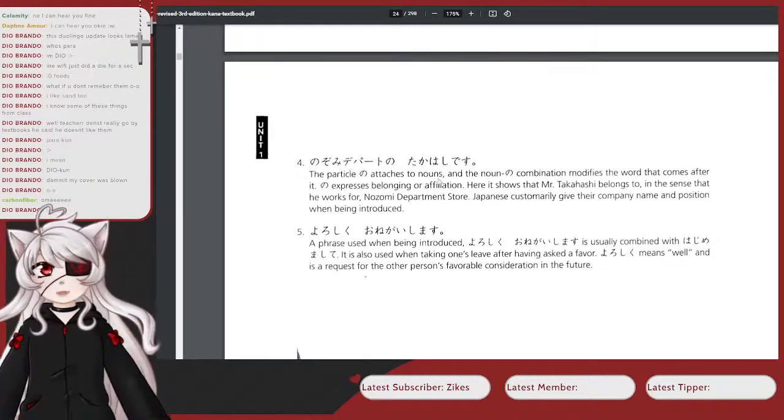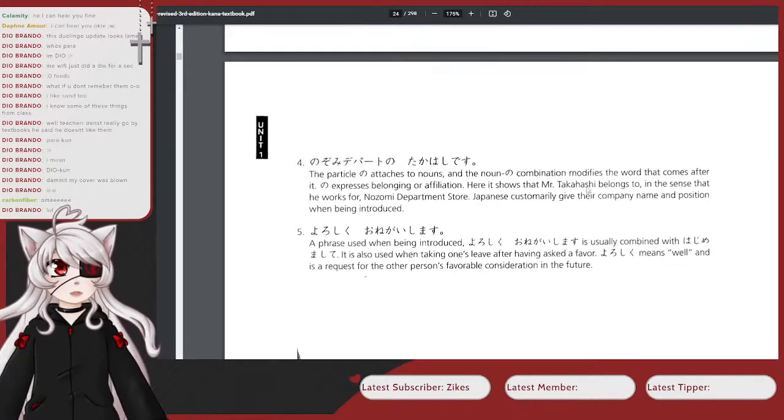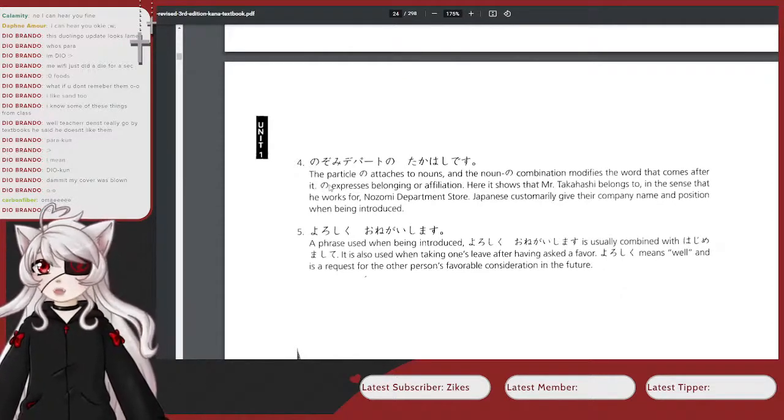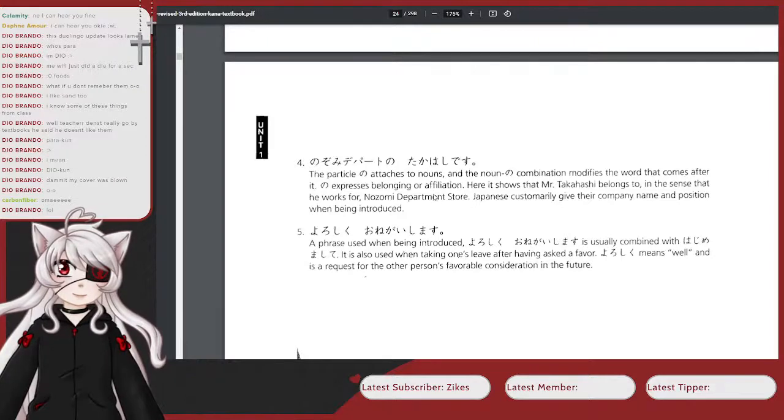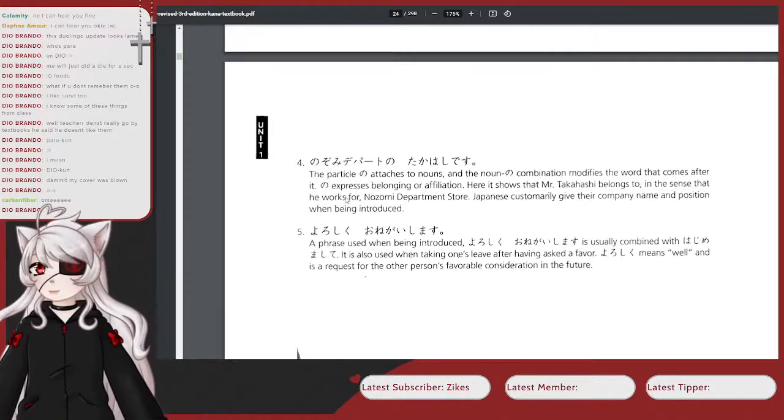Particle no attaches to nouns, and the noun-no combination modifies the word that comes after it. So no is belonging. So Takahashi belongs to Nozomi Department Store, or he works for them. It's a very possessive way of saying it.